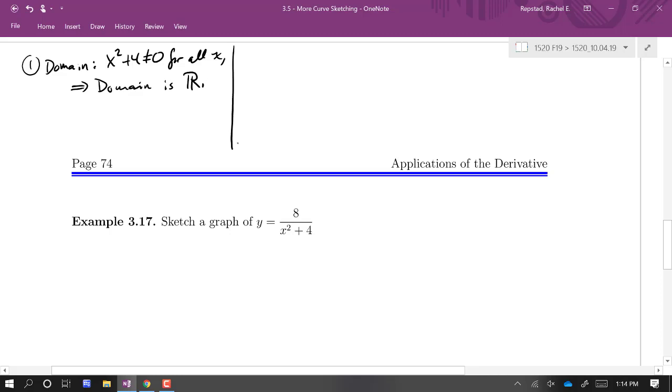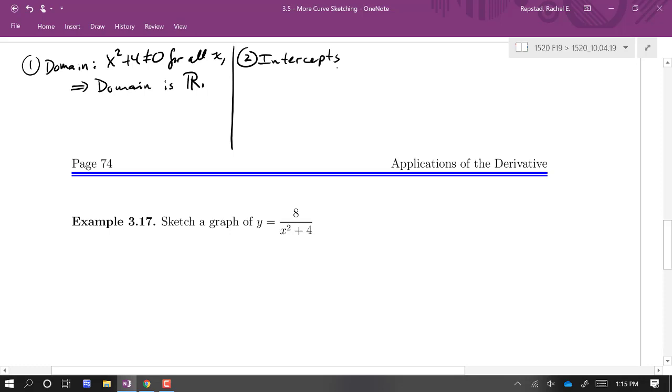Now, what about intercepts? Is 0 in the domain? Didn't we just say what the domain was? All real numbers.